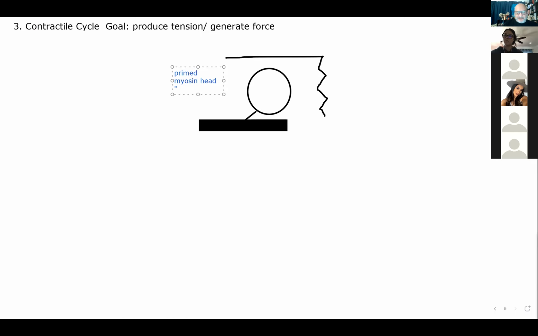That wasn't quite what I was asking the question of, but I like your guys' answer actually better than what I was looking for. Primed, what I was looking for means that it's ready to do work. But what you guys say is actually way more accurate, and I like that a lot better. It has already split the ATP into ADP and phosphate, and it has stored the energy ready to do its work. And as we mentioned, when it's ready to do this work, it is going to be pointed away from the M line.